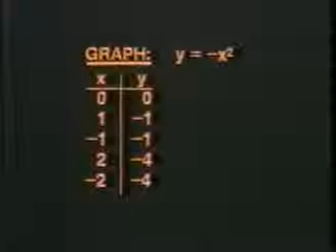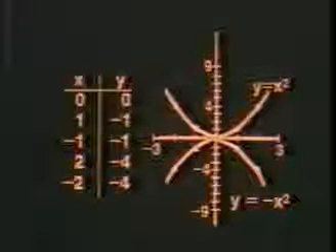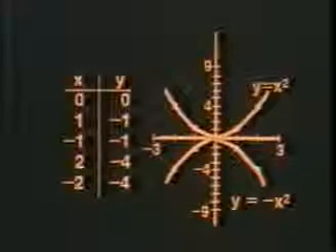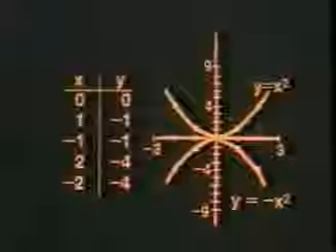Now, still on the first question, what if we replace y equals x squared with y equals negative x squared? We choose some values of x, and you can see what happens to y. It's all negative. So the equation y equals negative x squared just takes the curve for positive x squared and turns it upside down.